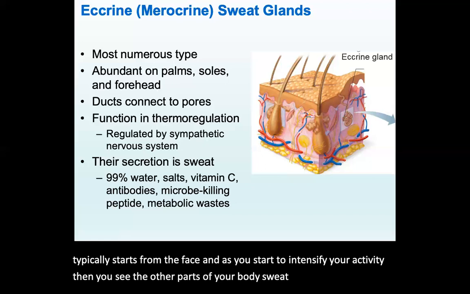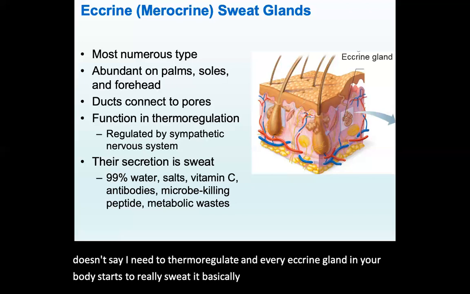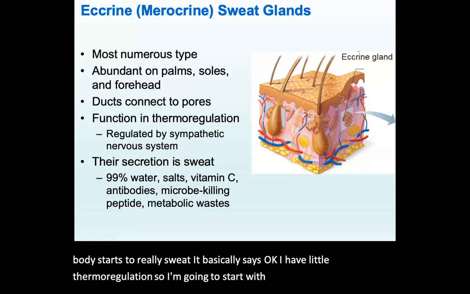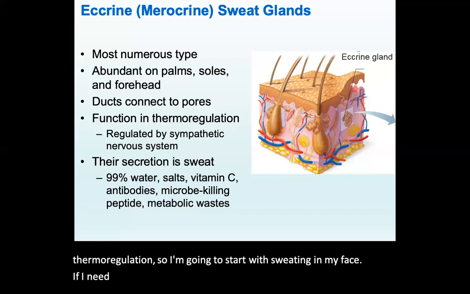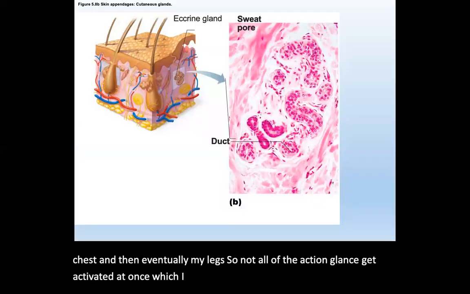Your body doesn't say, oh, I need to thermoregulate, and every eccrine gland in your body starts to release sweat. It basically says, okay, I need a little thermoregulation, so I'm going to start with sweating in my face. If I need to activate more, my arms start to sweat, then going down my chest, and then eventually my legs. So not all of the eccrine glands get activated at once, which I think is really cool.